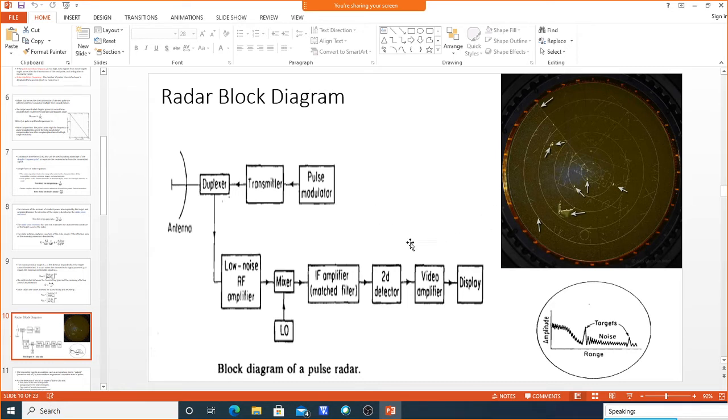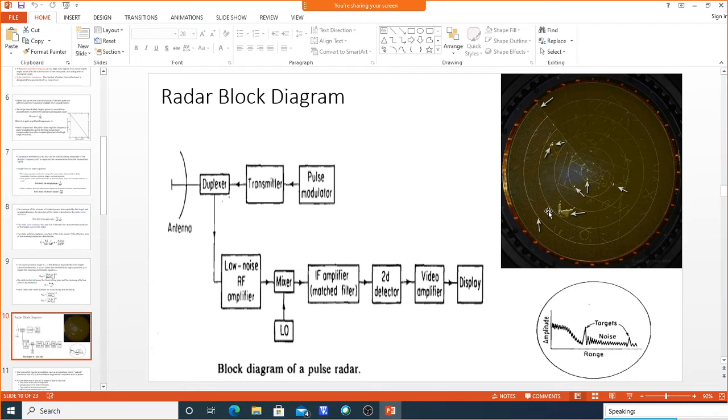Whatever signal is received from the second detector and amplified by the video amplifier will be intensity modulated, that is, whatever the received signal power is, it will be intensity modulated and displayed here. So wherever the target is, the intensity will be higher, and even when the target is moving, the intensity of the display indication can be seen in this display.